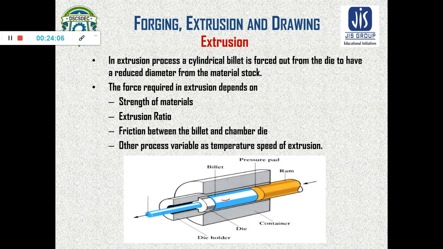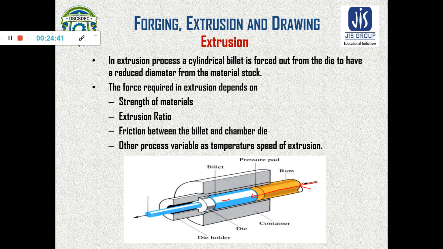By using some kind of compressive force, we press the ram, and this ram is moved forward, pressing the material stock outward, and the material is forced to move out from a reduced diameter orifice. That gives us a change in thickness or change in the cross sectional area. So this is the process of extrusion.